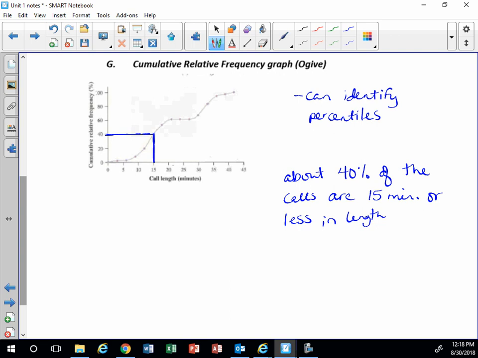You could also look, if I wanted to go between like 15 and 20 minutes. We call that 60.